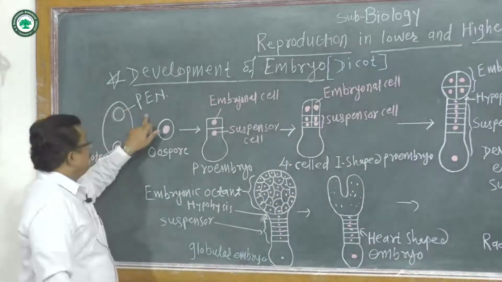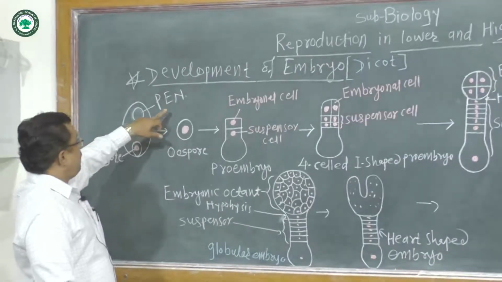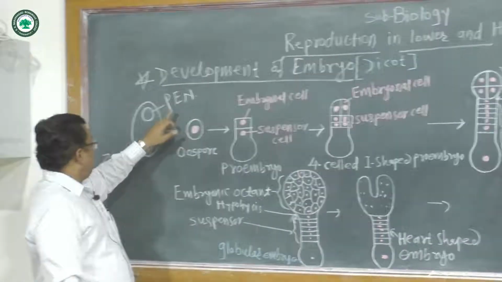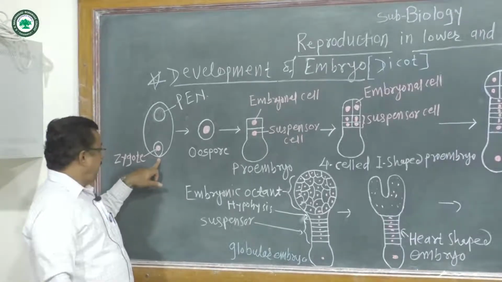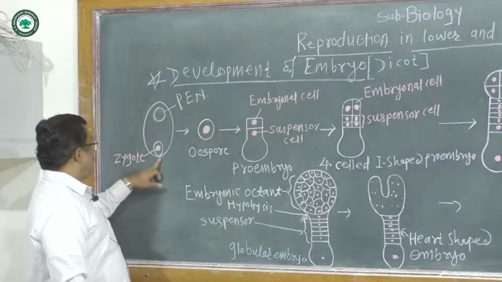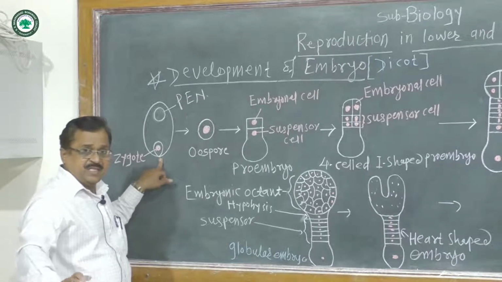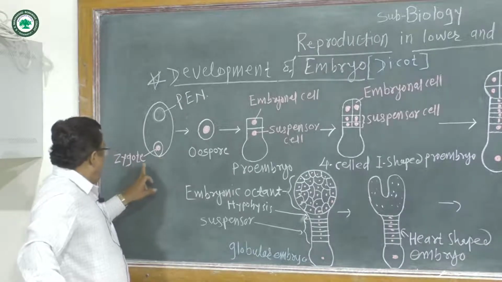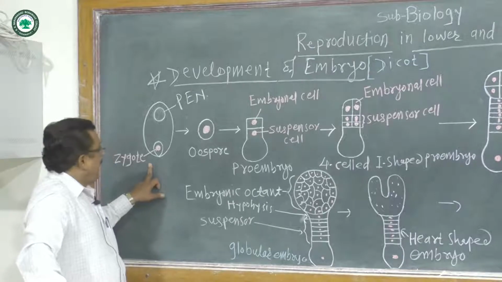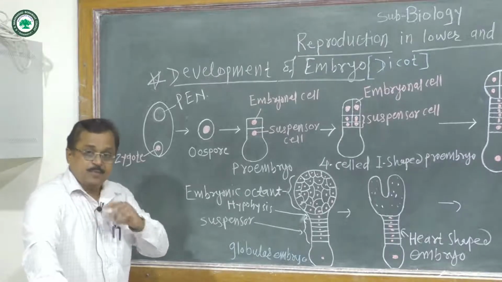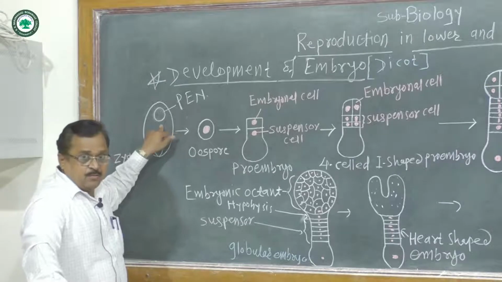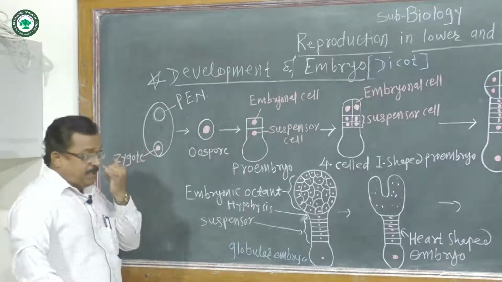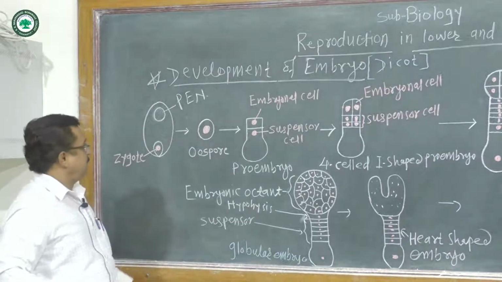After pollination and fertilization, one male gamete fuses with the egg to form a zygote, and another male gamete fuses with the secondary nucleus to form the primary endosperm nucleus.